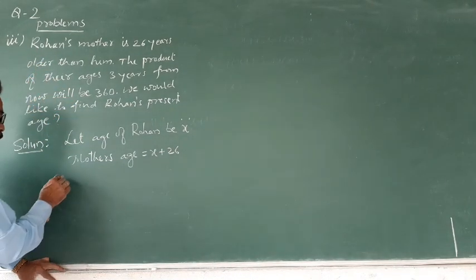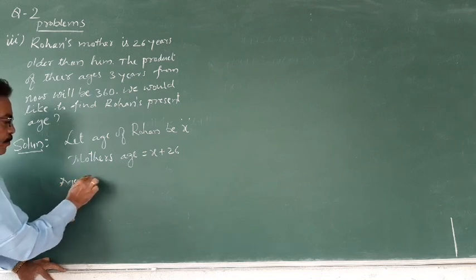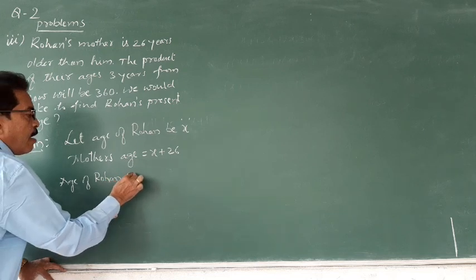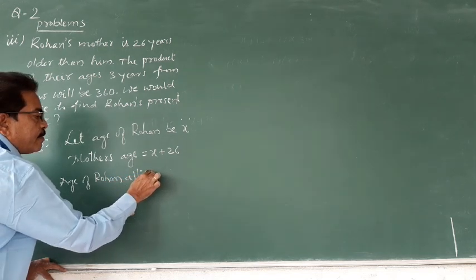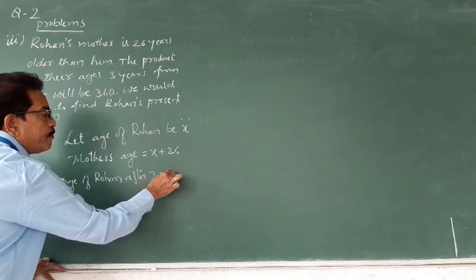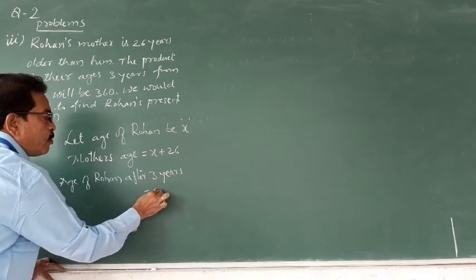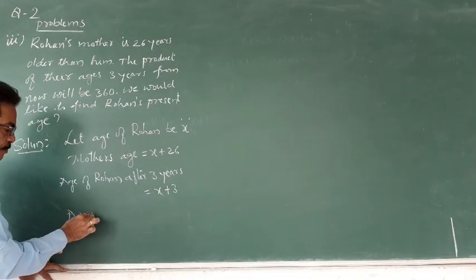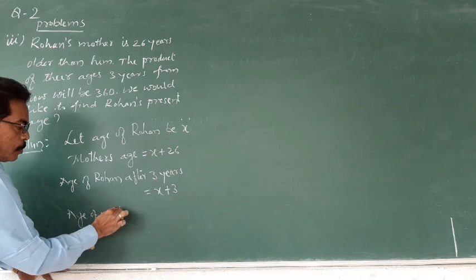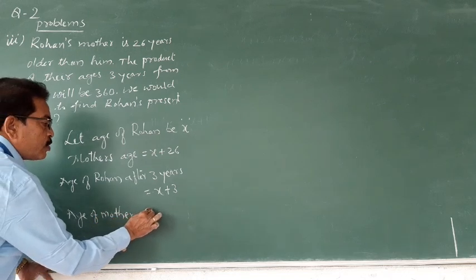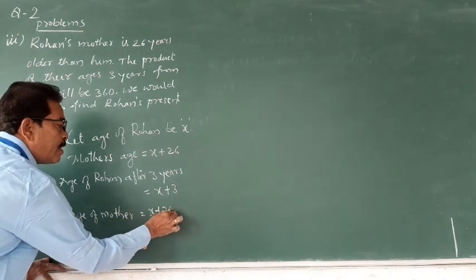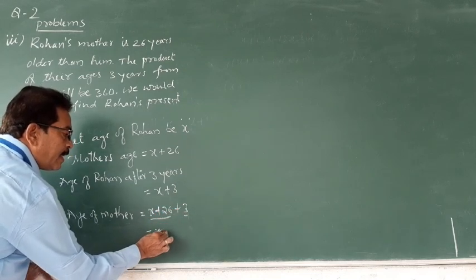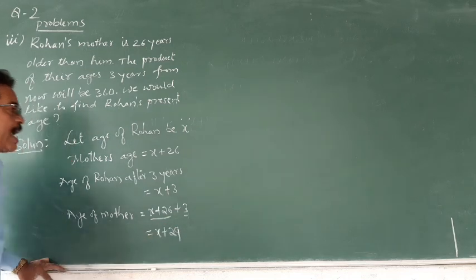Then the age of Rohan after 3 years equals x plus 3. Age of mother equals x plus 26 plus 3, that is x plus 29.